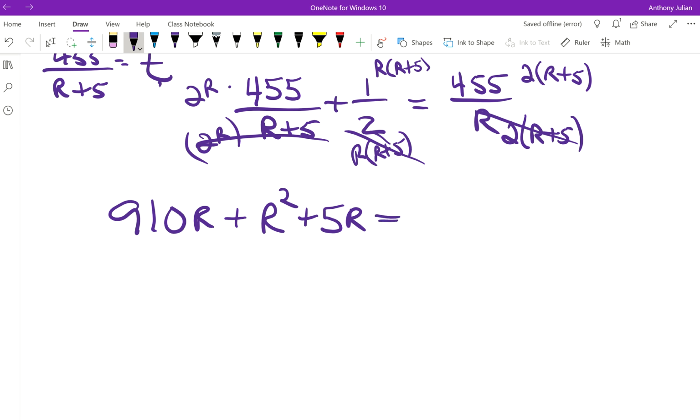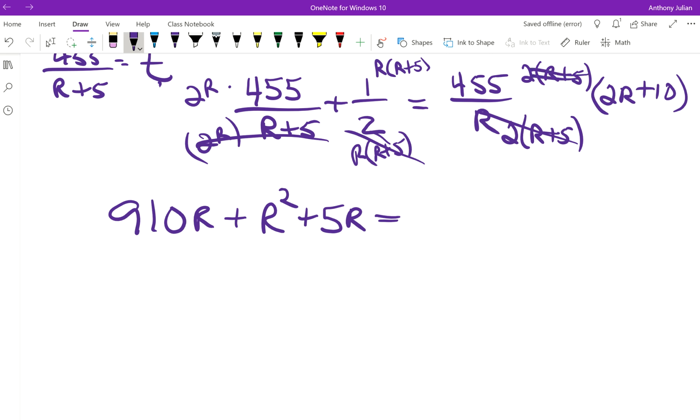And that's going to equal 2 times, I got some distributing going on here as well. So how about that? This is 2r plus 10 times the 455. So 2 times r is 2r, and 2 times 5 is 10.